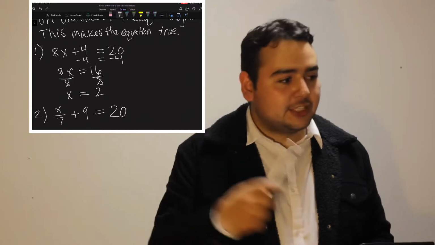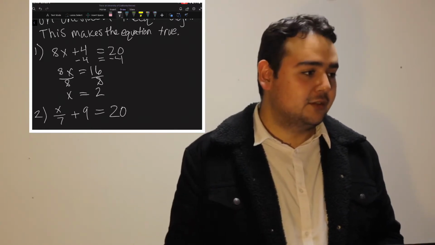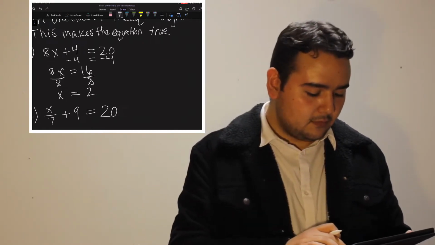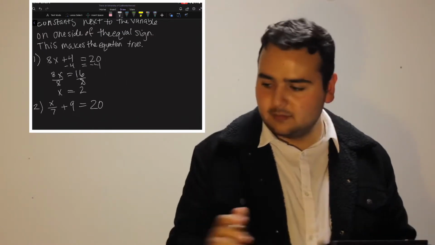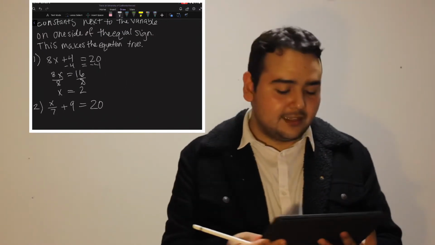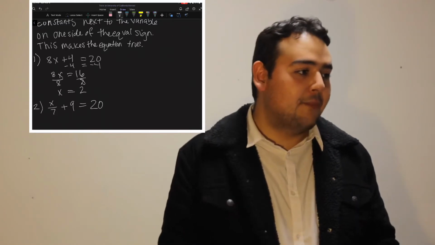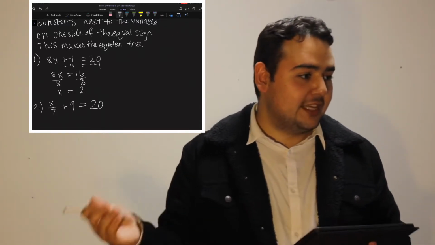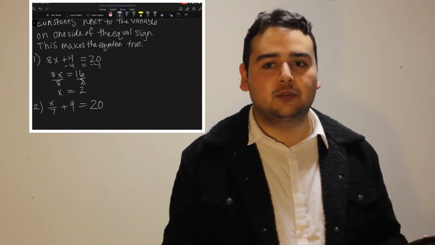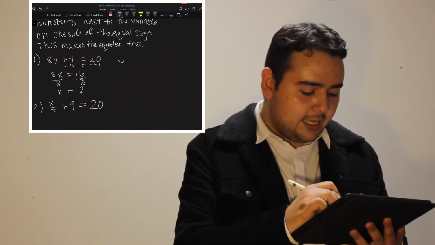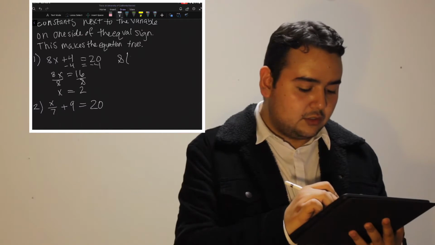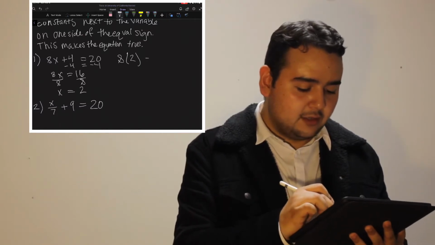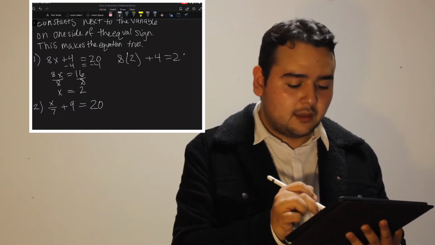So if we want to check and make sure this is right, what should I do? Does anyone know? Plug it back in. Exactly. So if we plug x back into our original equation, and the original equation is 8x plus 4 equals 20, we get 8 times 2 for our x plus 4 equal to 20.